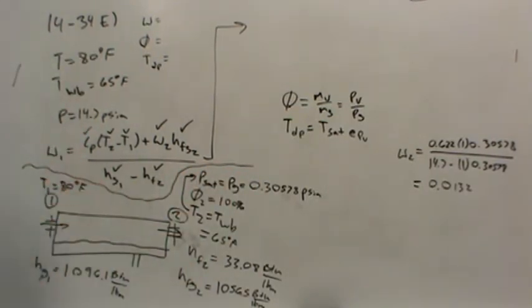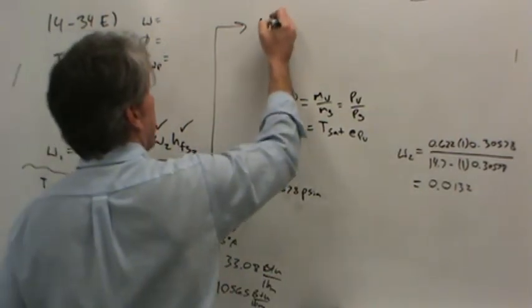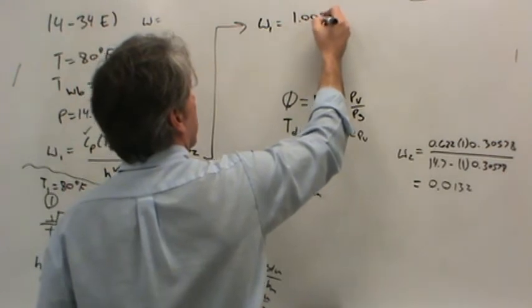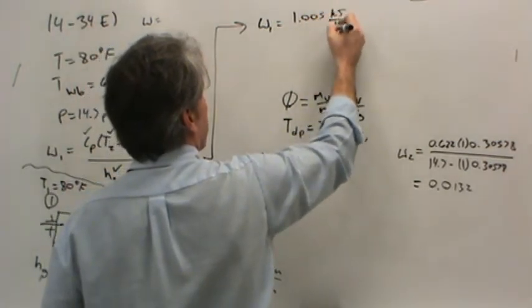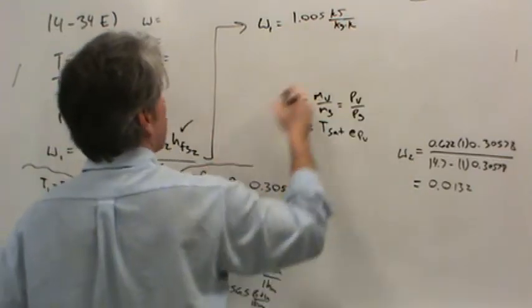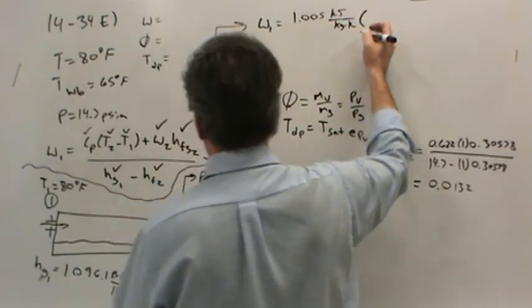So now let's plug in the numbers. So the absolute humidity will be equal to the heat capacity of the air, 1.005 kilojoules per kilogram per Kelvin, multiplied by T2 minus T1.